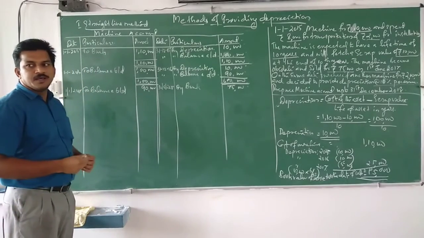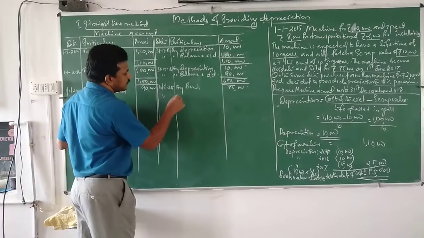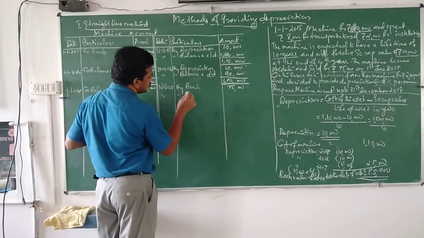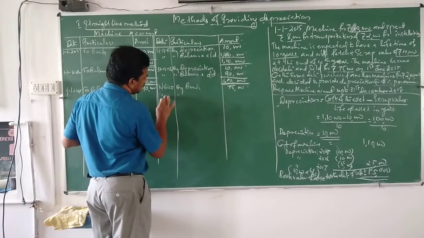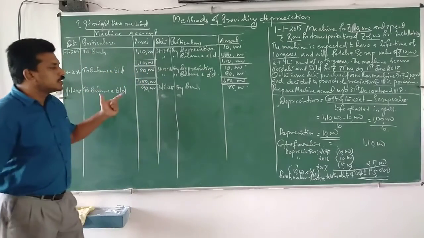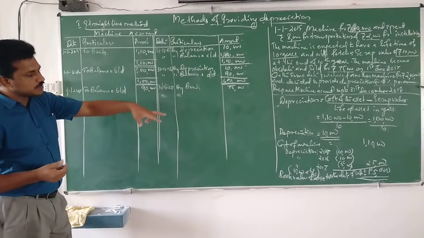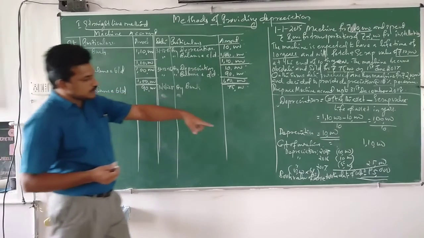And you can find out the depreciation also. Same way we can write the depreciation. Depreciation we can write afterwards. Before that we can find out the loss. We have calculated the loss.